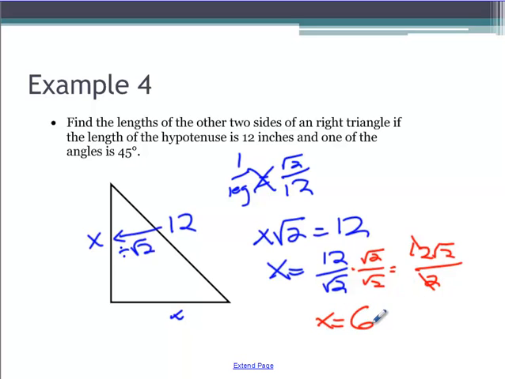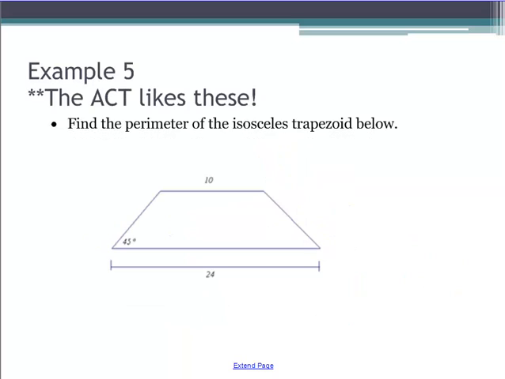Each one of those legs is 6 square root of 2. I never, ever want you to answer this as a decimal. If you type in 6 square root of 2 into your calculator, you're going to get 8.485, and it keeps going on forever. I never want that as an answer on a test or a quiz. Always answer it as something with a radical.